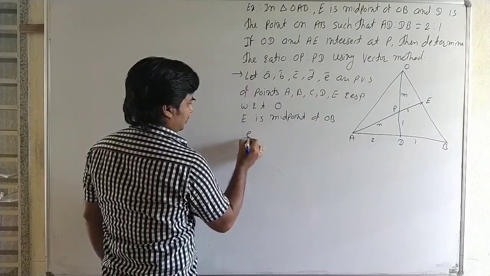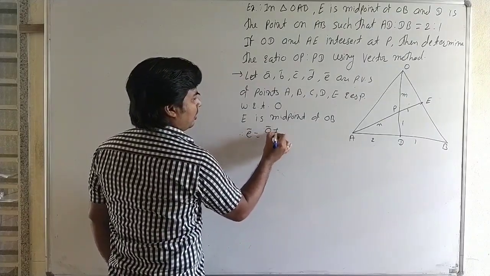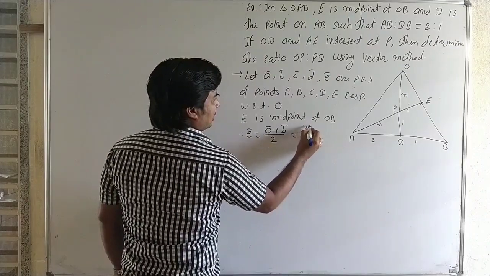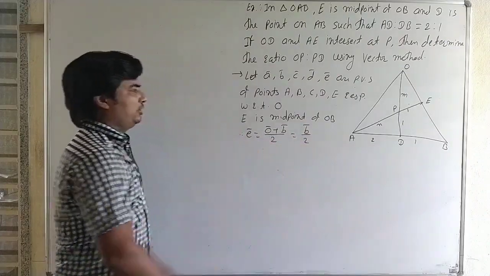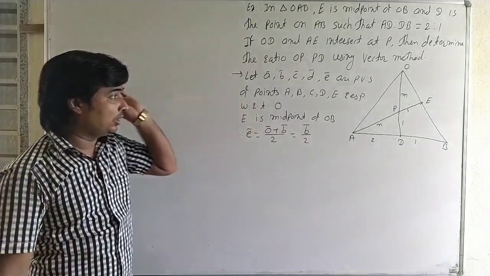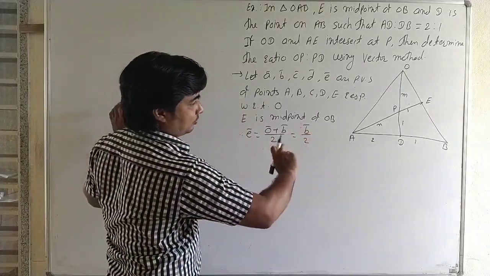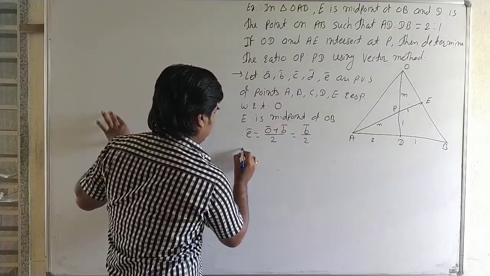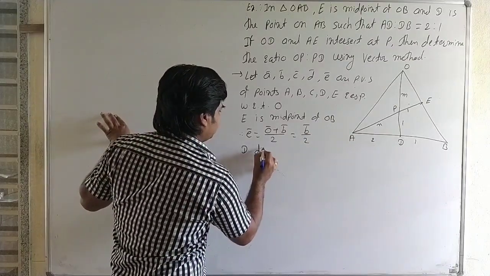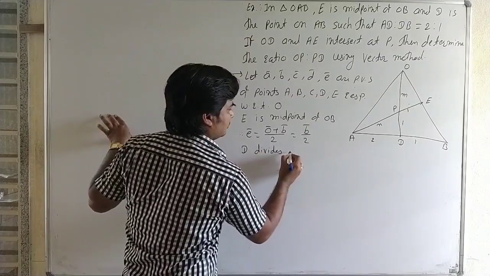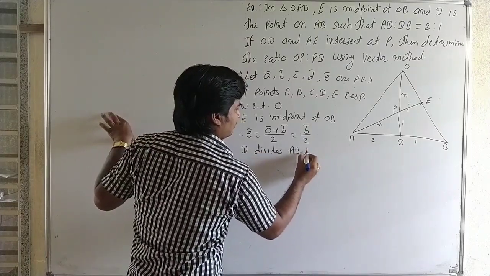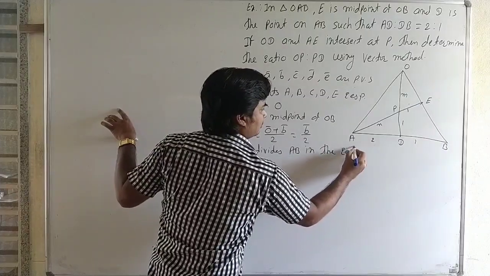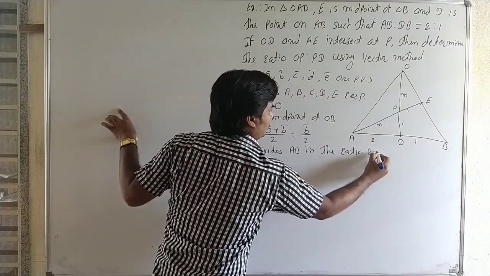Therefore we can write E bar is equal to (O bar plus B bar) upon 2, and that is B bar by 2. That means E bar is equal to B bar by 2. Here D divides AB in the ratio 2:1.